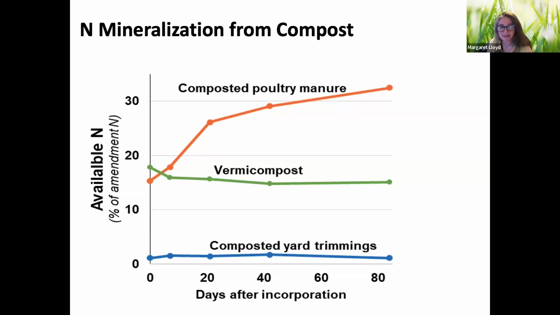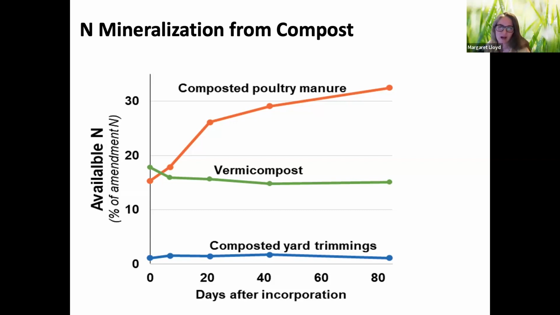And we looked at their availability of nitrogen, the mineralization, over that time. And so this curve, you'll see many variations of this figure today, shows you that process. So over time, the nitrogen dynamics of these three materials looks like this.